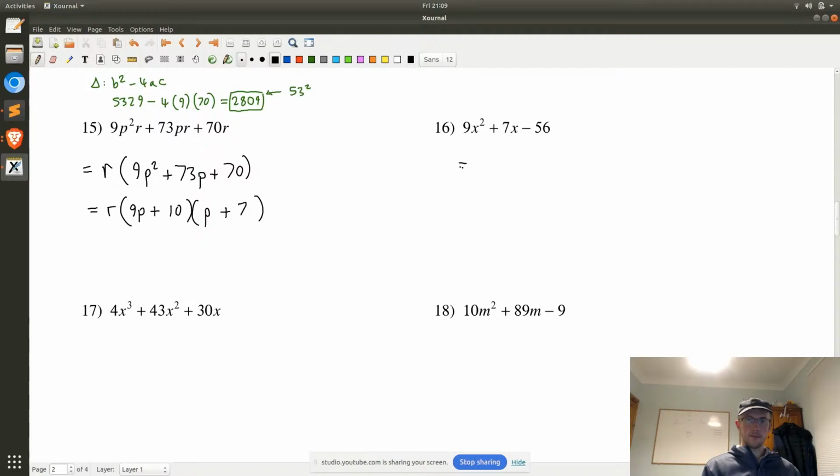Okay. I'm actually enjoying using the discriminant on here. 49. 36 times 56. 2016, I think.